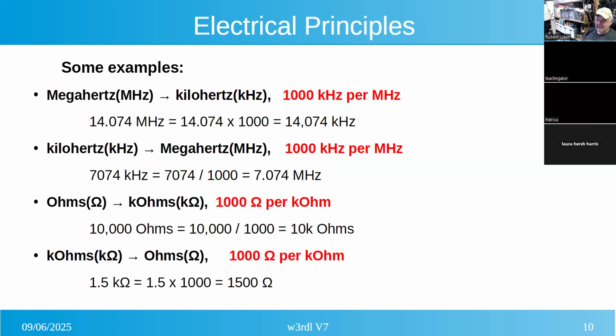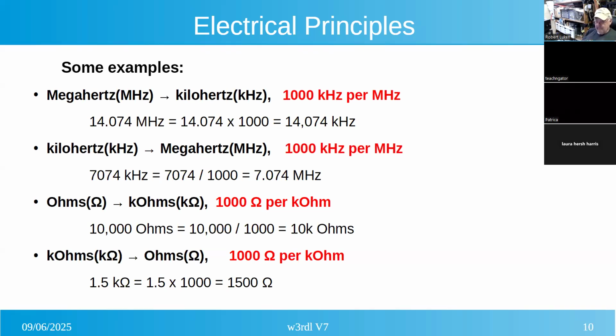So let's see. We did megahertz to kilohertz. In this case, we're going to a smaller unit, so we multiply. If we're doing kilohertz to megahertz, we're going from a small to a larger, so we divide. The same thing goes for ohms to kiloohms.